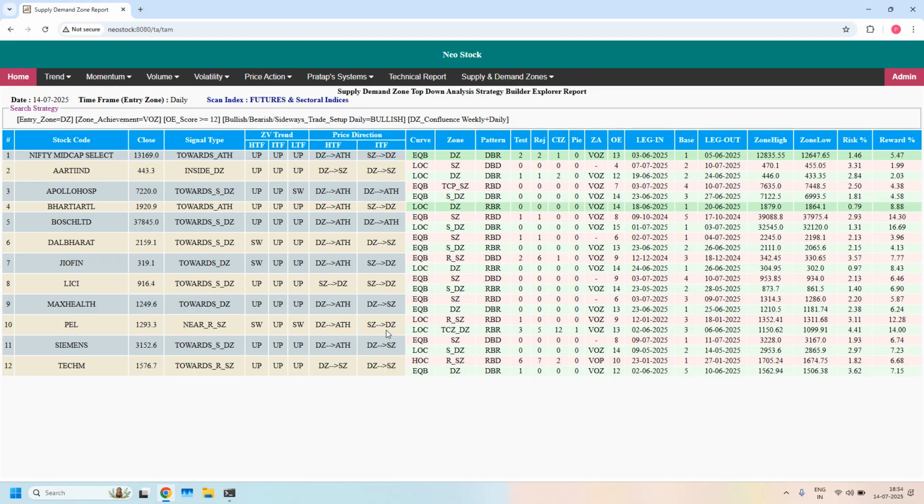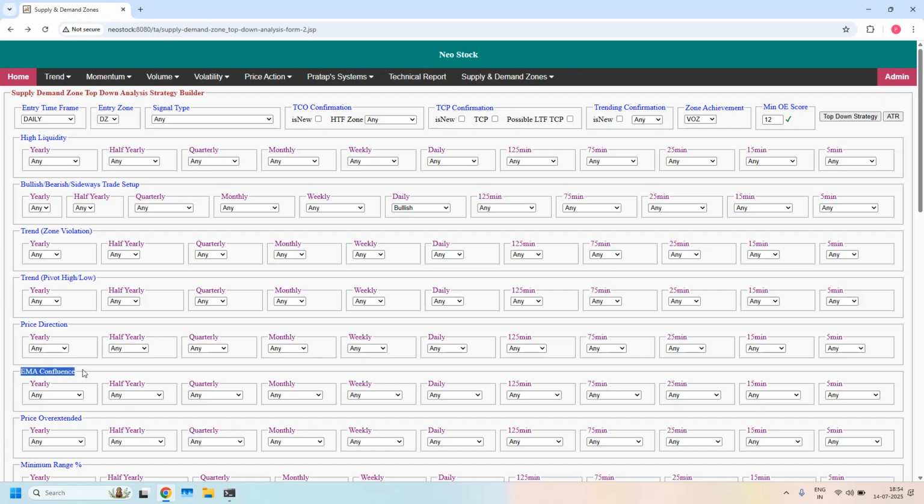Because daily is overlapped with weekly, the weekly trend, which is the ITF trend, is also uptrend in all the stocks. We can further filter based on the weekly demand zone having weekly EMA confluence. So in the EMA weekly, I am adding the filter weekly demand zone inside weekly EMA.